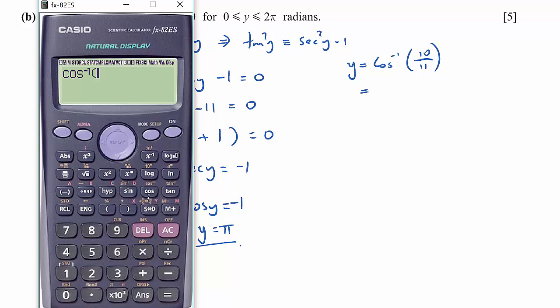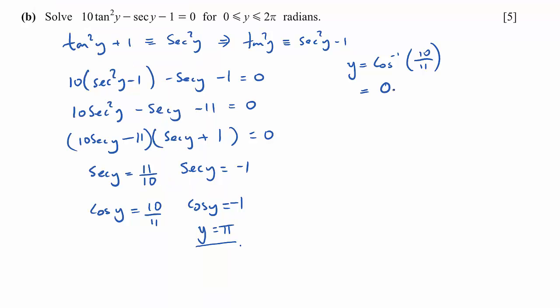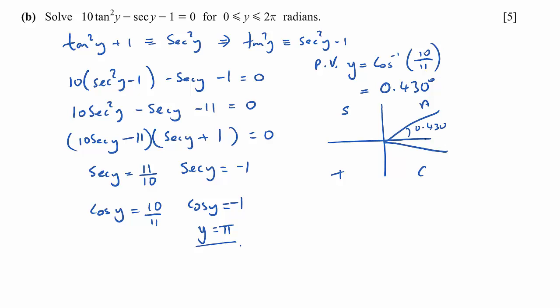And then we'll do the inverse cosine of 10 over 11. 0.430. So that's the principal value there. It's a cosine, it's positive. So that's there and there. And that's 0.430 as well.